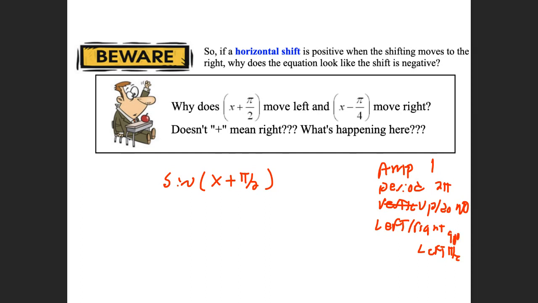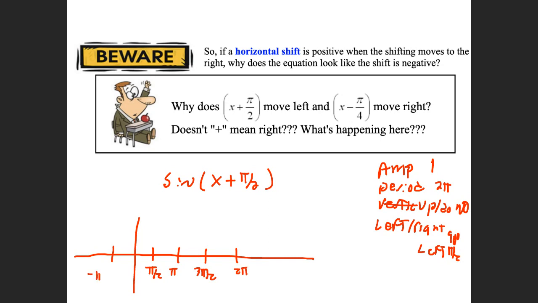So if I was going to graph this out, this is pi over 2. This is pi. This is 3 pi over 2. This is 2 pi. This is negative pi over 2. And I'm going backwards.